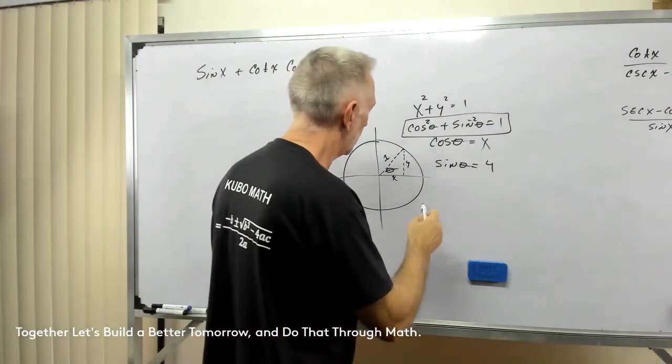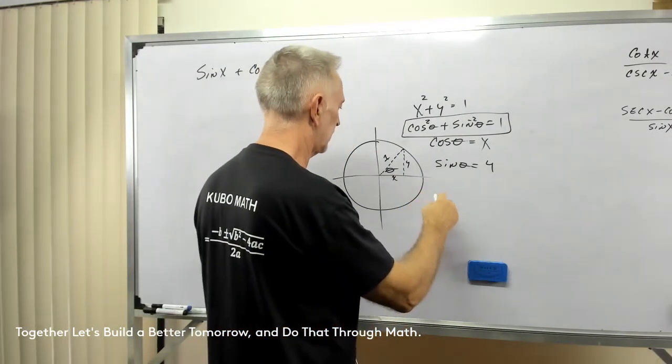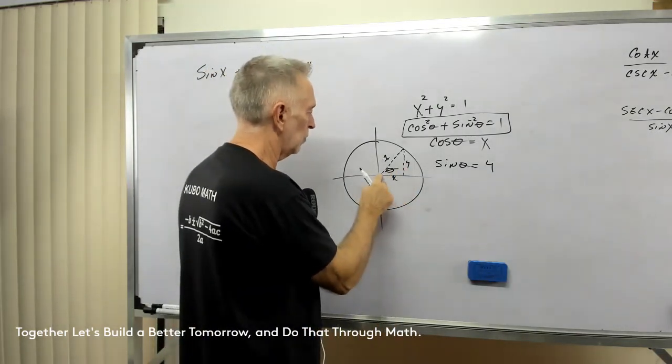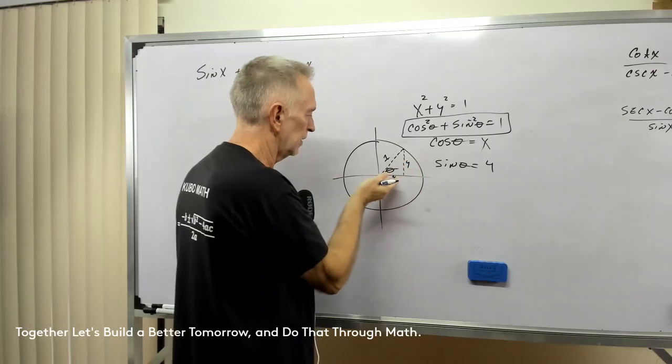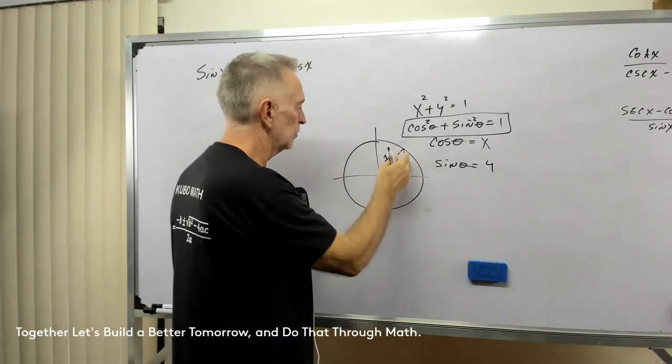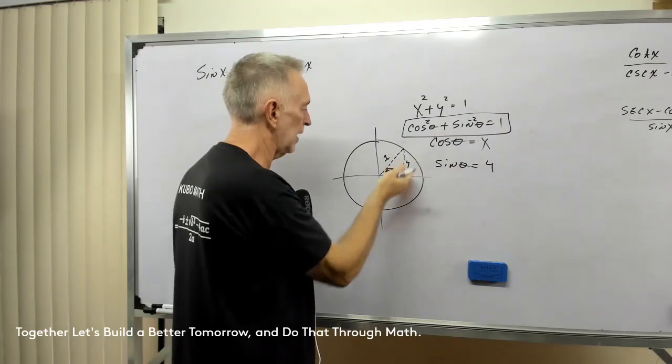Okay, so what else could we look at here? Tangent. If we have tangent of an angle, we know that's the opposite over adjacent. So tangent of theta is y over x.